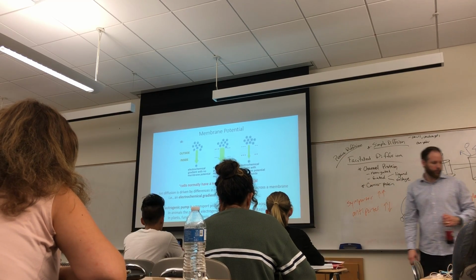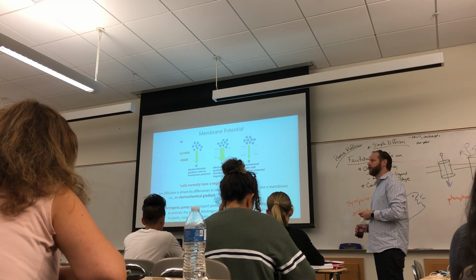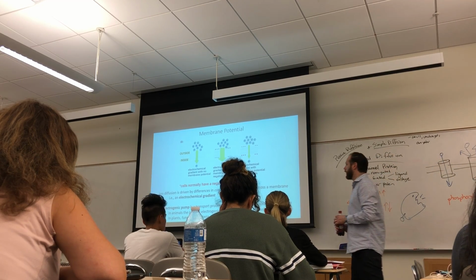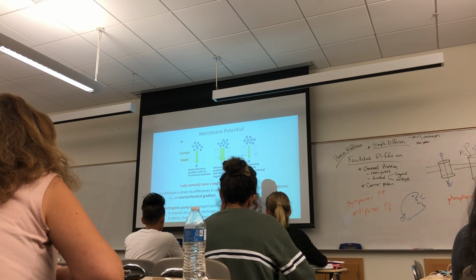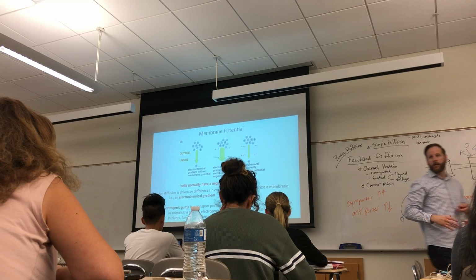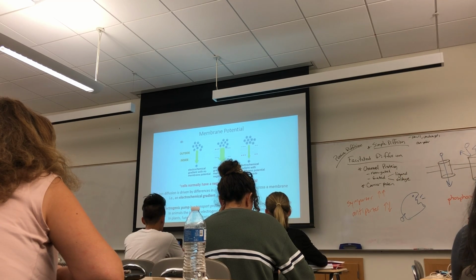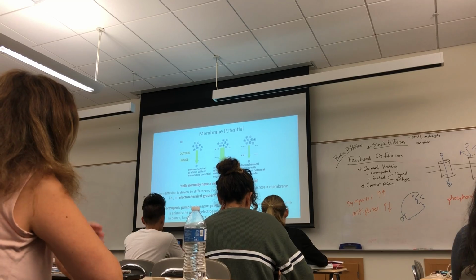This is going to be really important when we get to, for example, cellular respiration, right? Because not only are we going to have things that want to diffuse down their concentration gradient, we also have a difference in electrical charge overall on either side of the membrane. So you have 2 forces working together to move things from one side to the other.